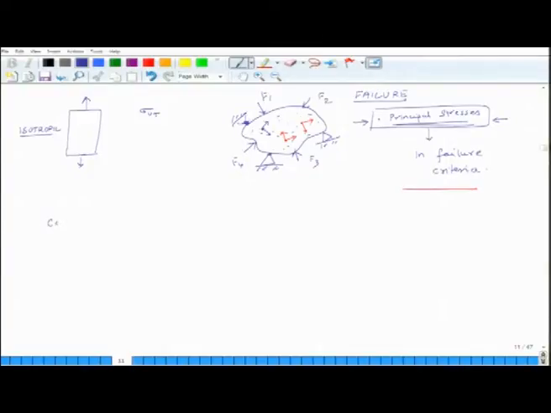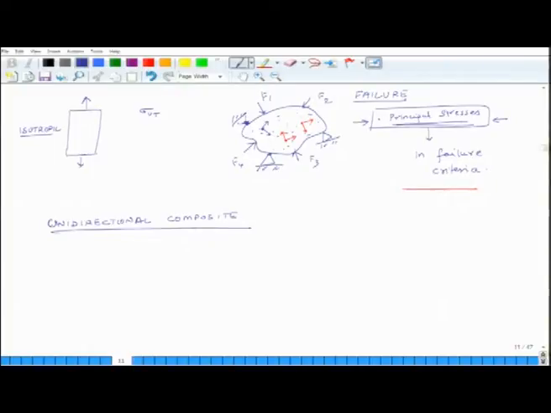So, a composite unidirectional lamina, or I can call it a composite, and this is again a unidirectional composite.